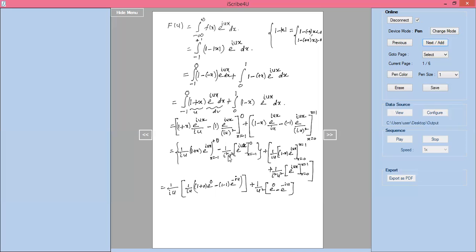Now plus 1 by iu into, first I will apply upper limit, 1 minus 1 into e power iux is e power iu, minus lower limit if I apply 1 minus 0 into e power iu. Next one should be minus 1 by i square, which is minus 1, so 1 by u square into e power iu minus e power 0.